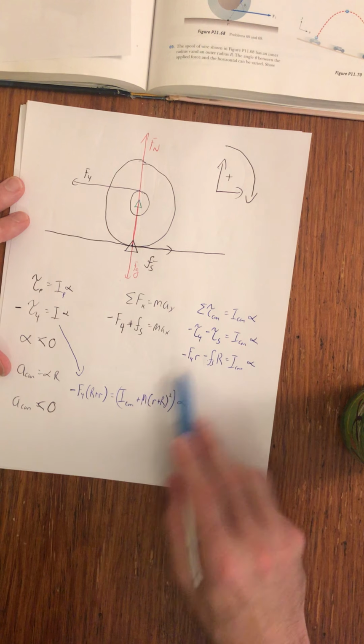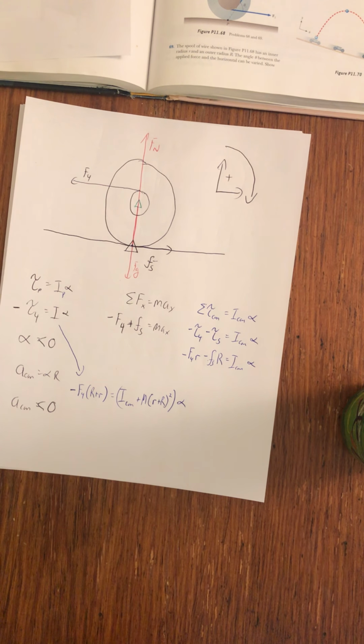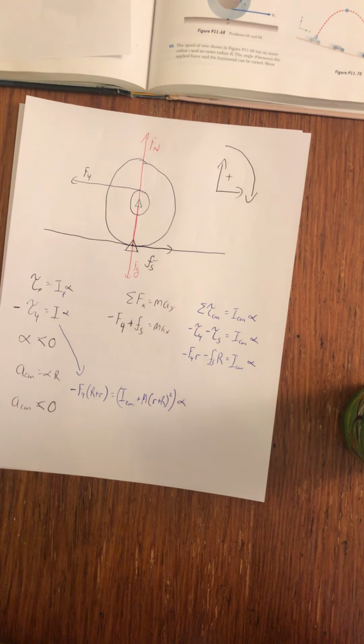Could we simultaneously solve these two in order to see if there is some sort of relationship between Fs and F4? I guess we could if we had to find out what the direction of Fs is. This problem doesn't require it.